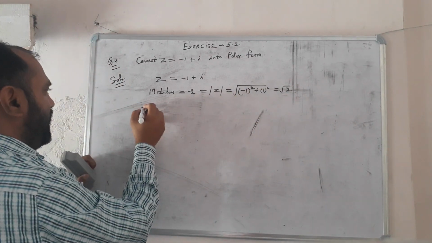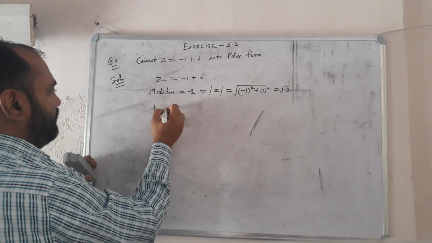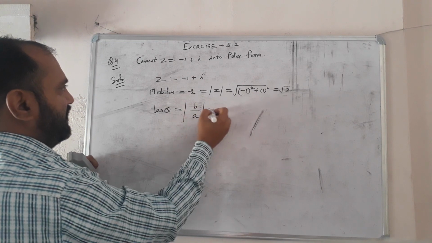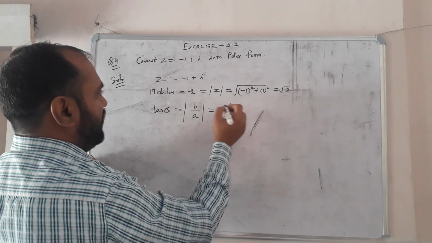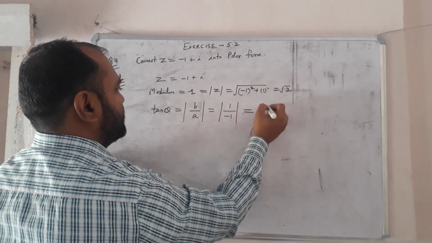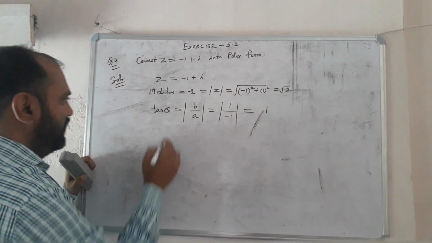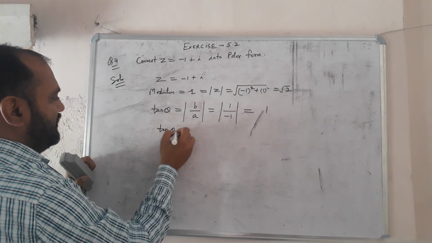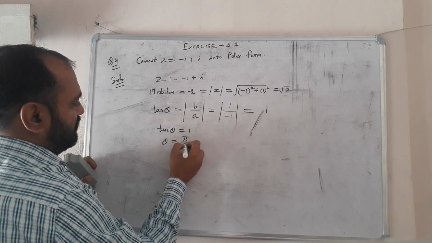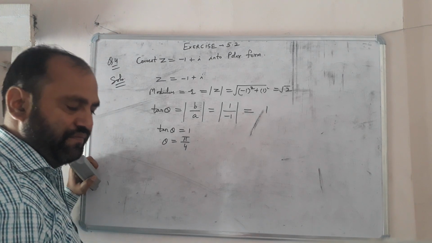Now to find the argument, you have to write the formula tan theta is equal to mod of b over a. What is the value of b? b is 1 and a is -1. So after simplifying this mod, we get 1. So tan theta is 1, and you know theta is pi by 4.